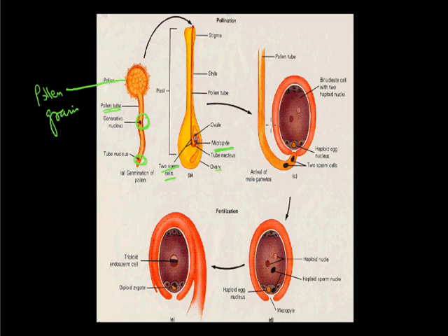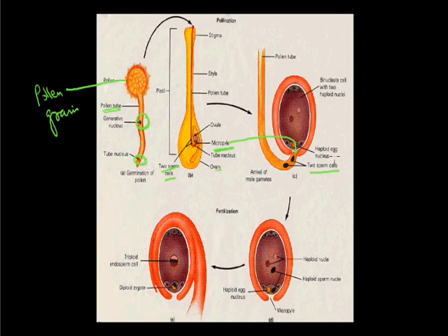When we see the detailed structure of the ovary from inside, this is how it looks. You can see this is the pollen tube carrying two sperm nuclei or two sperm cells, and at the site where it enters, it is known as the micropyle.